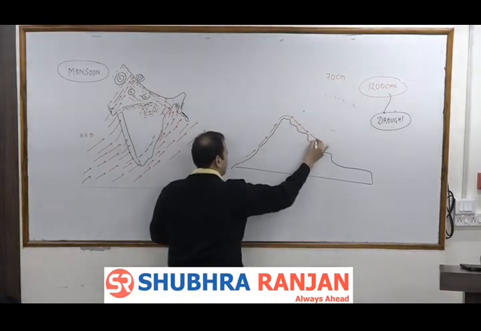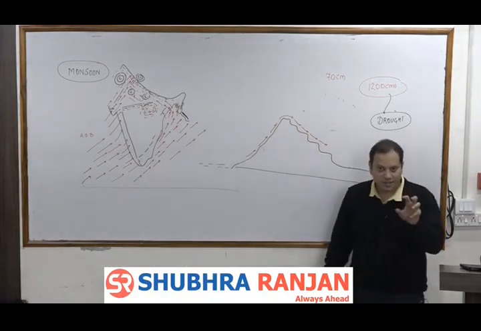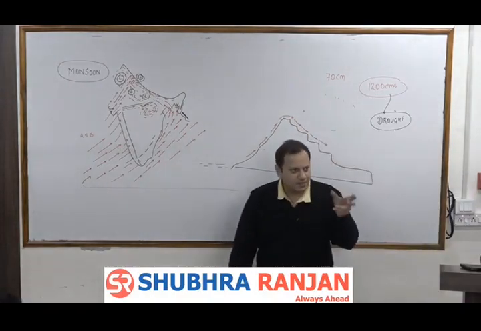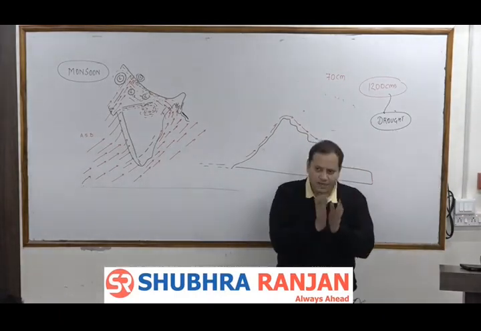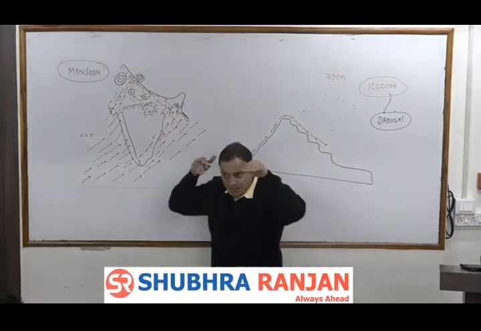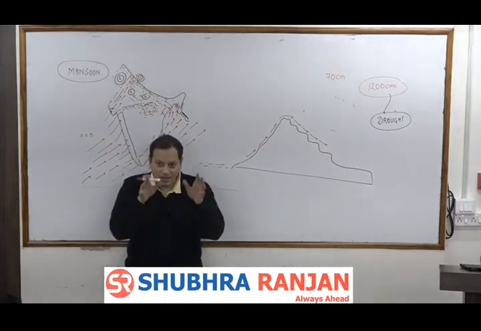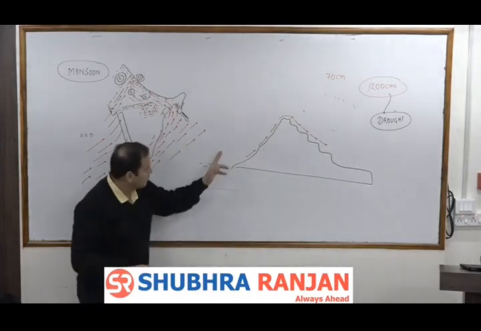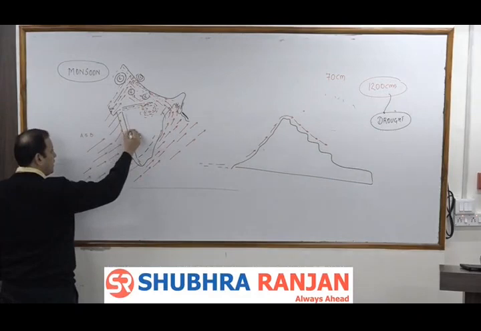You will understand in tomorrow's lecture, or maybe in today's lecture only, that the wind's moisture holding capacity decreases when it rises up. So when moisture holding capacity decreases, excess moisture is given out. But when the wind is coming down, its moisture holding capacity increases, and therefore the wind will not give any kind of rainfall. As a result, rainfall decreases, and here we have a drought prone region.